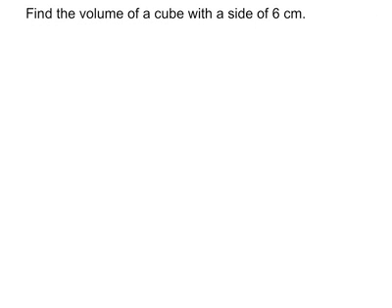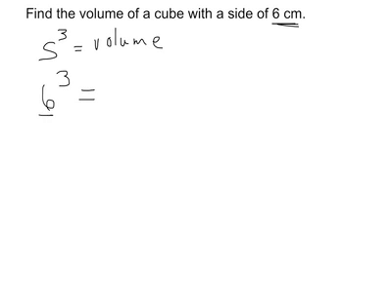Exponents are also used when you're finding volume. The volume of a cube is found by taking the length of one side and cubing it. So in this case, if the side is of length 6 centimeters, the volume is going to be 6 cubed. So then, remember, the base is 6.